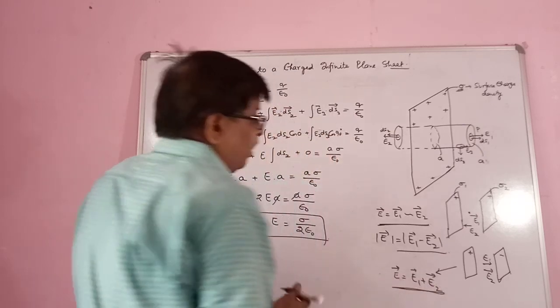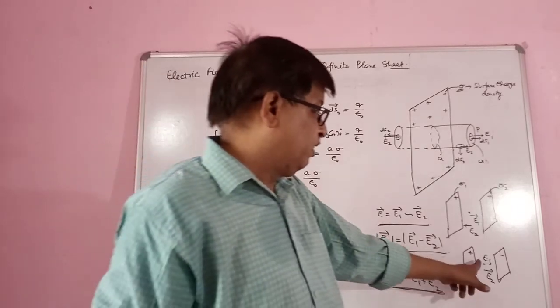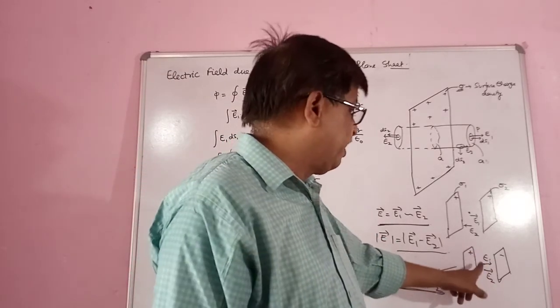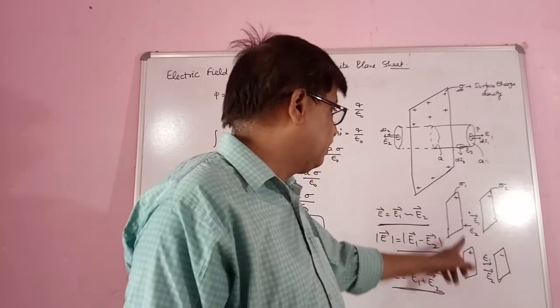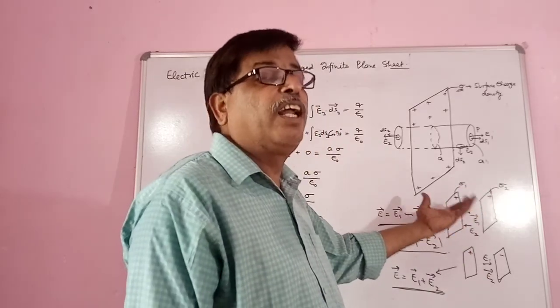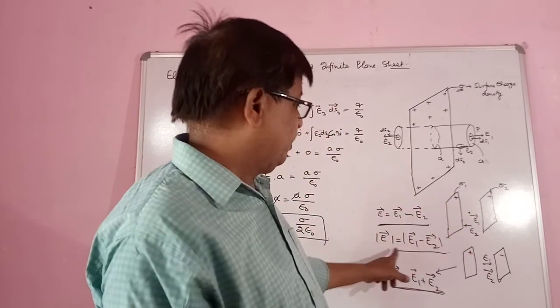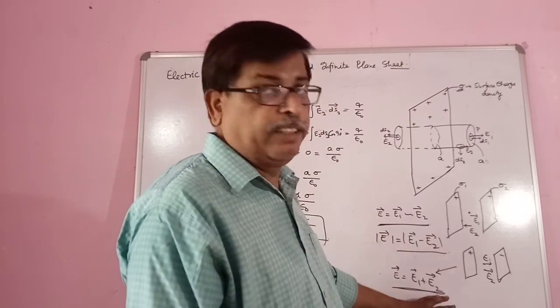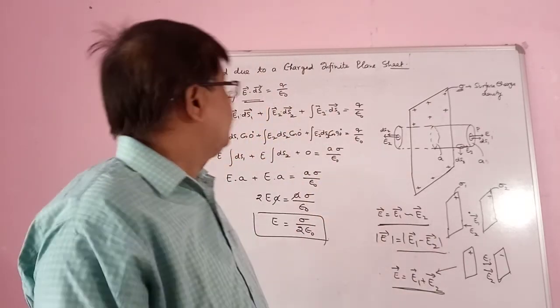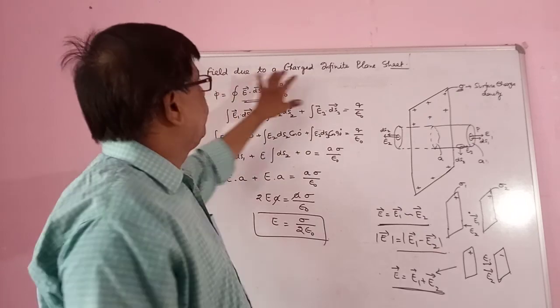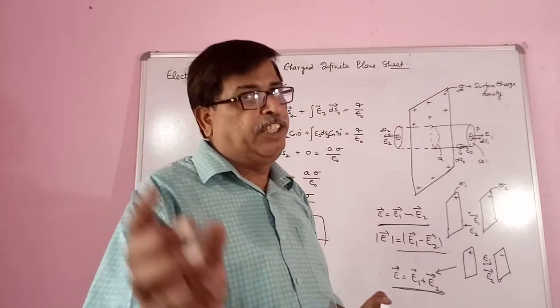Why is it so? Because electric field is a vector quantity and the directions of electric field are the same in this case. In the previous case, directions of electric field were opposite. So this is our complete electric field due to charge on an infinite plane sheet.